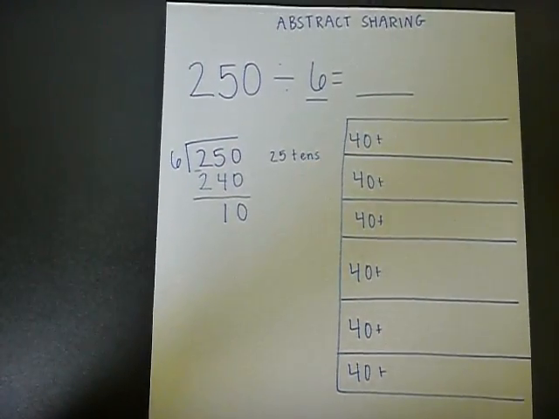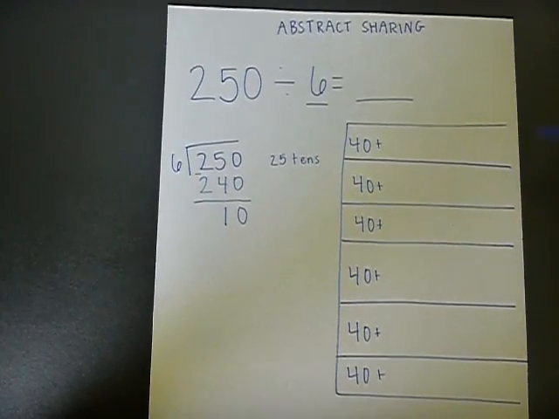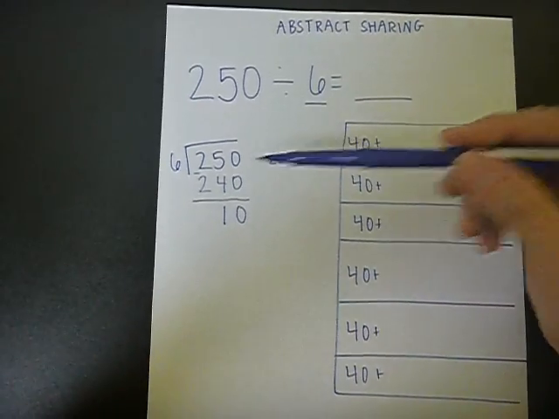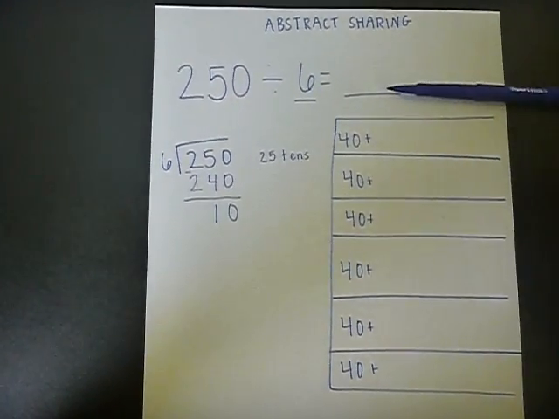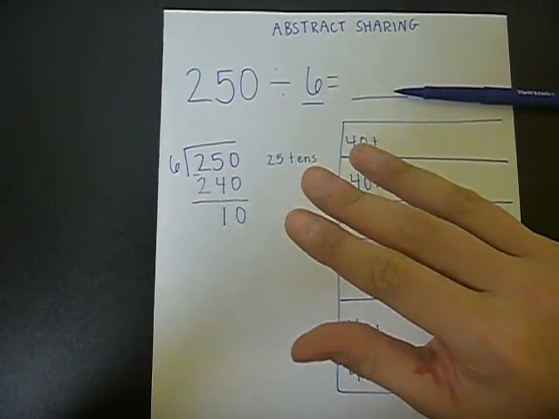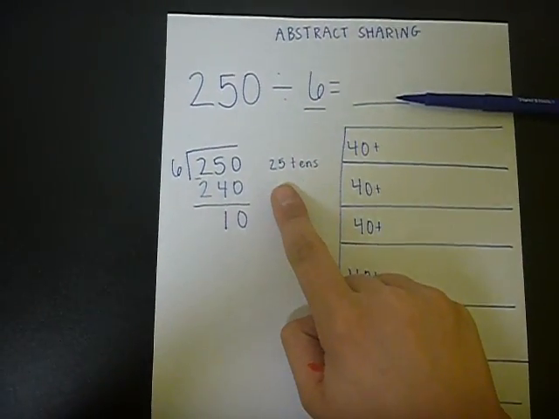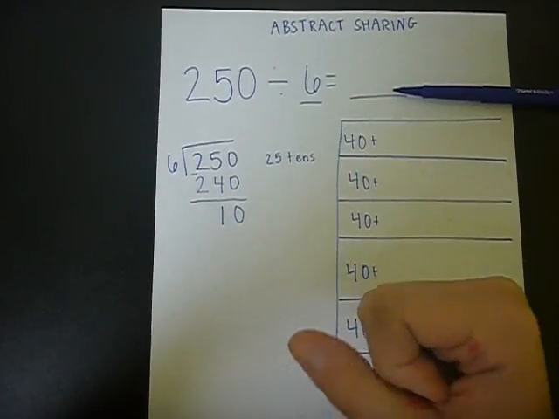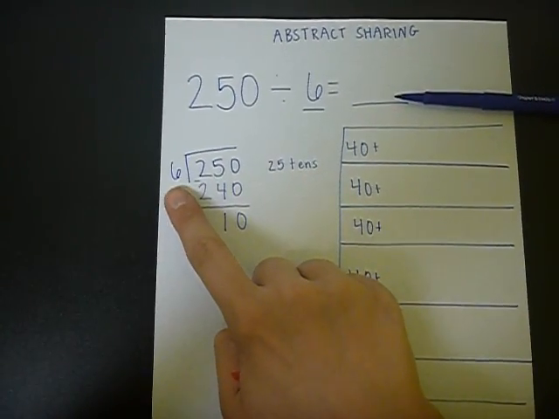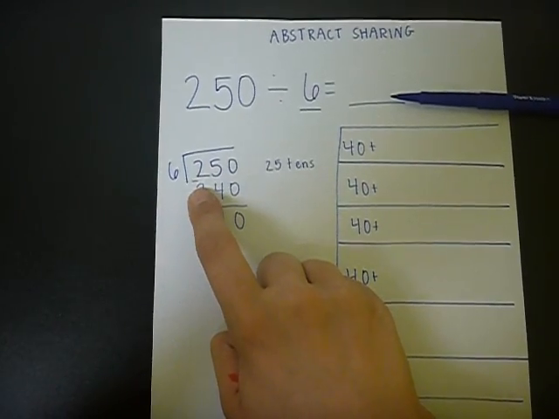I want to pause there for a second because some scholars are finding difficulty in knowing how many can go in each group. One thing we've been working on at school is to have scholars skip count to get to a number close but not over the targeted number. For example, I might ask a scholar, well, I have 6 and I have 25 tens.